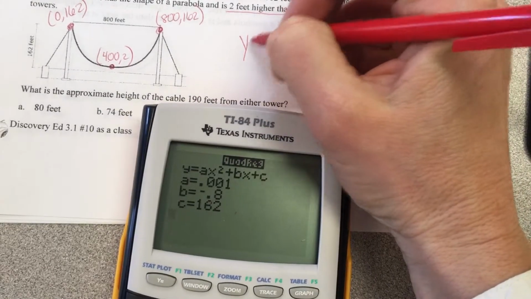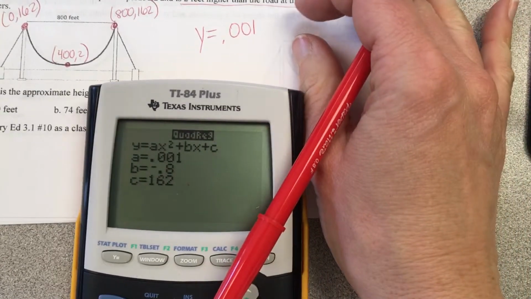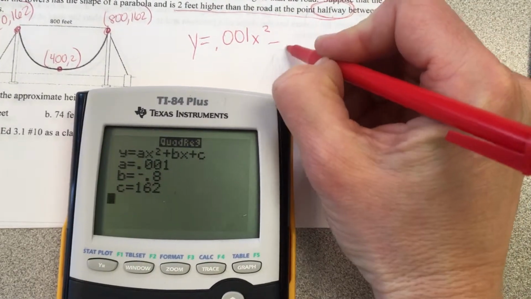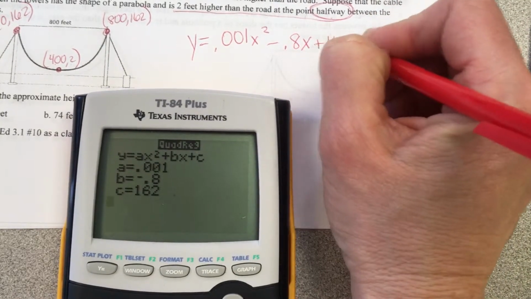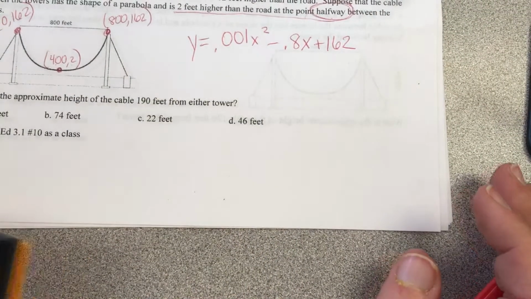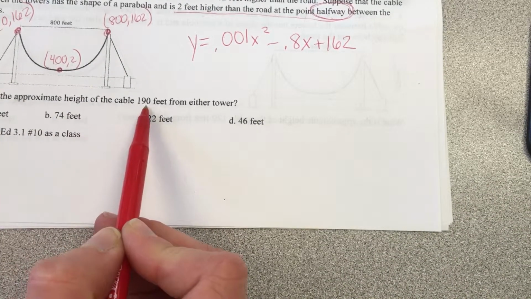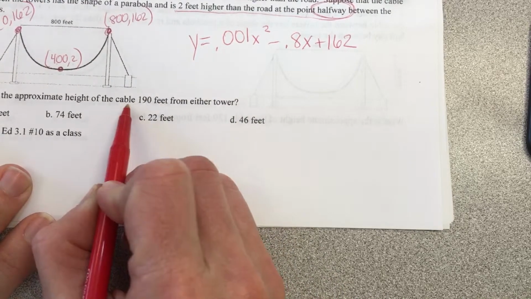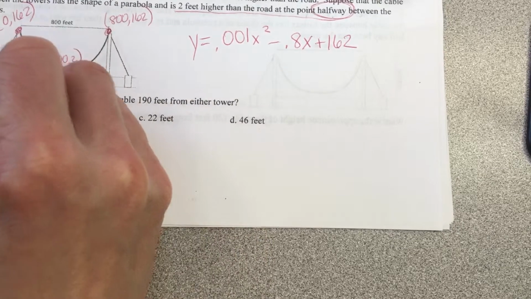All right, y equals 0.001. What do I write next to that? X squared. Good. Minus 0.8. What do I write next to that? X plus 162. Okay. And the question says, what is the approximate height of the cable 190 feet from either tower?